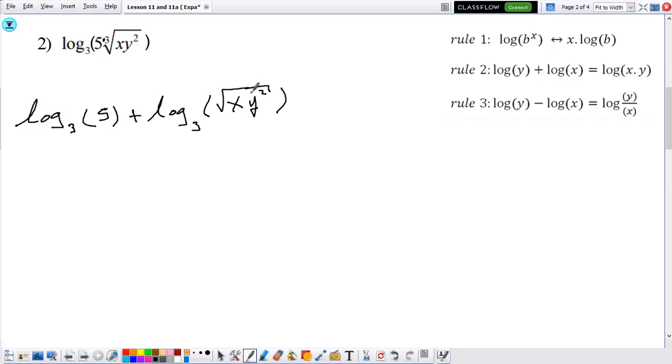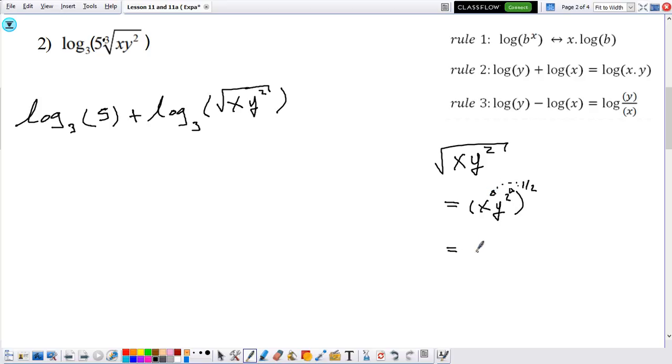Okay, excellent. Now, every time you have a square root, try to rewrite it as an exponent. So remember that the square root of x y to the second is the same as everything raised to the 1/2, because the square root you can rewrite as an exponent. And now when you have an exponent, the rule of exponents says that it gets distributed.